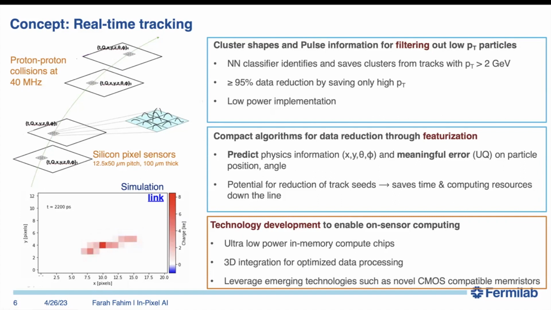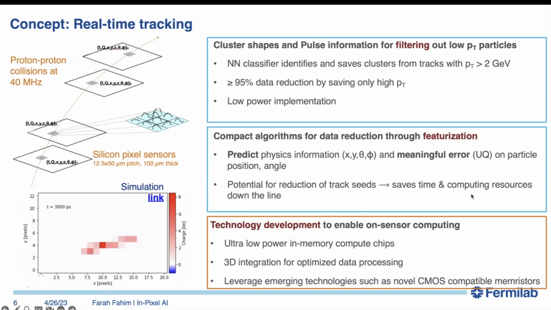And along with sending the physics information, could we also send out meaningful error information on how confident we are with the decision that we have made? If we end up doing this, we have a potential for reducing the number of track seeds, which saves time and computing resources down the line.